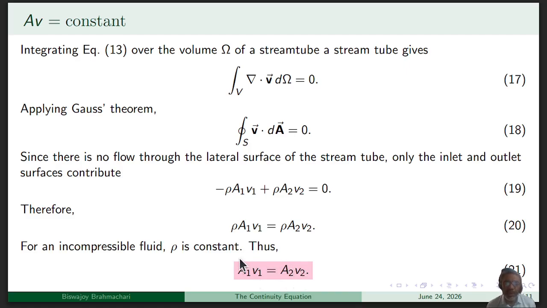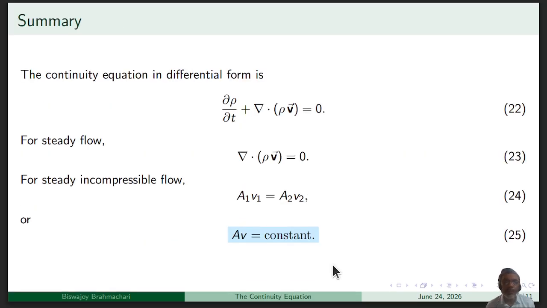This is a specialized form of the continuity equation, and many times we use this as the continuity equation, but we have to remember that this is for steady and incompressible flow. So in summary, del rho/del t plus divergence of rho V equal to 0 is the general continuity equation.